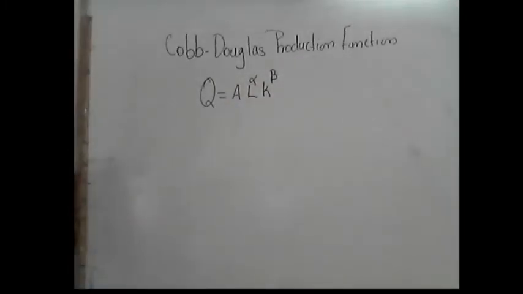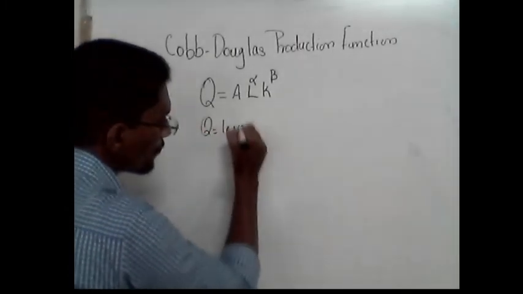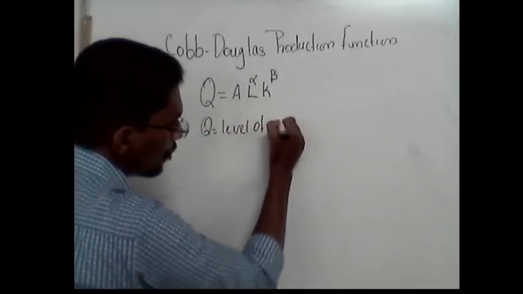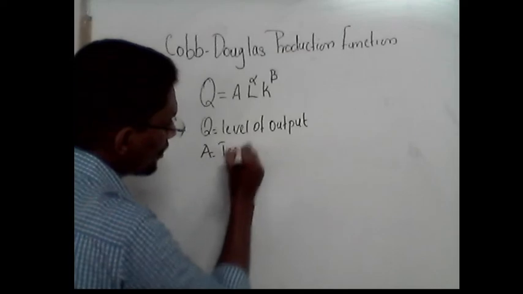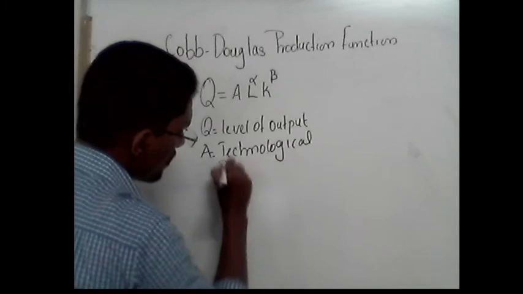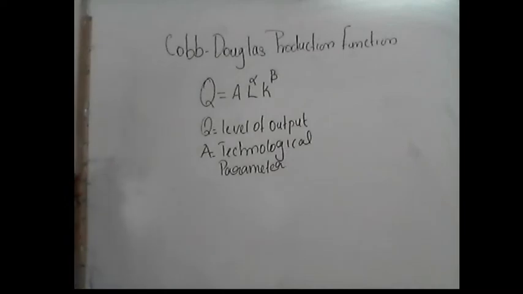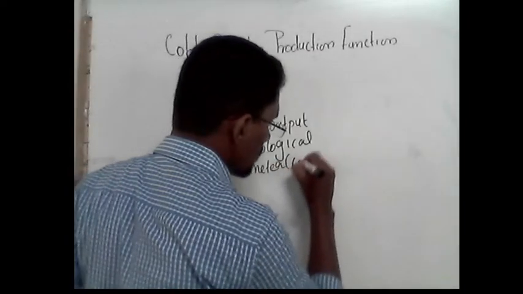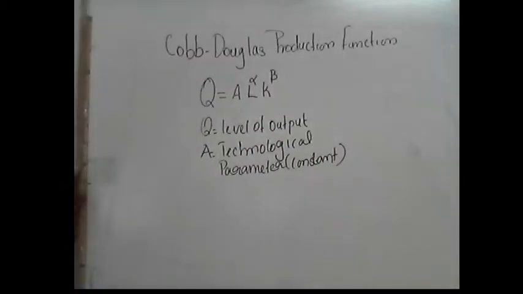Here Q is the level of output, and A is the technological parameter, which is assumed to be constant throughout the production function.